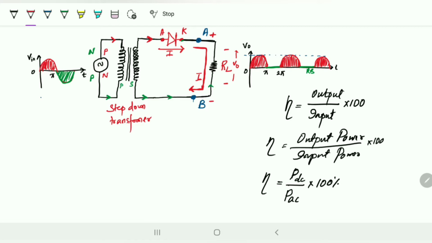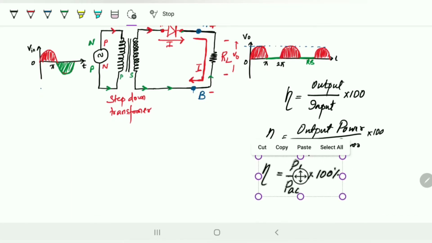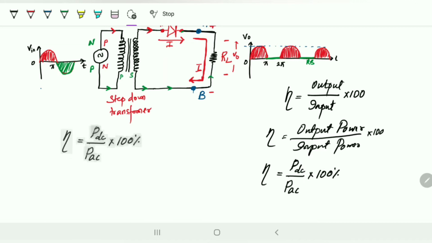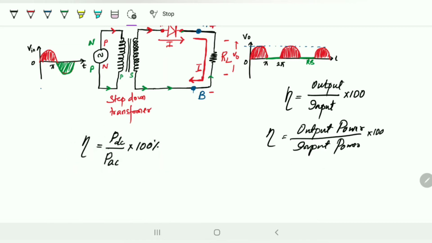This is the formula that you require for this derivation, where this is your output power and this is your input power.